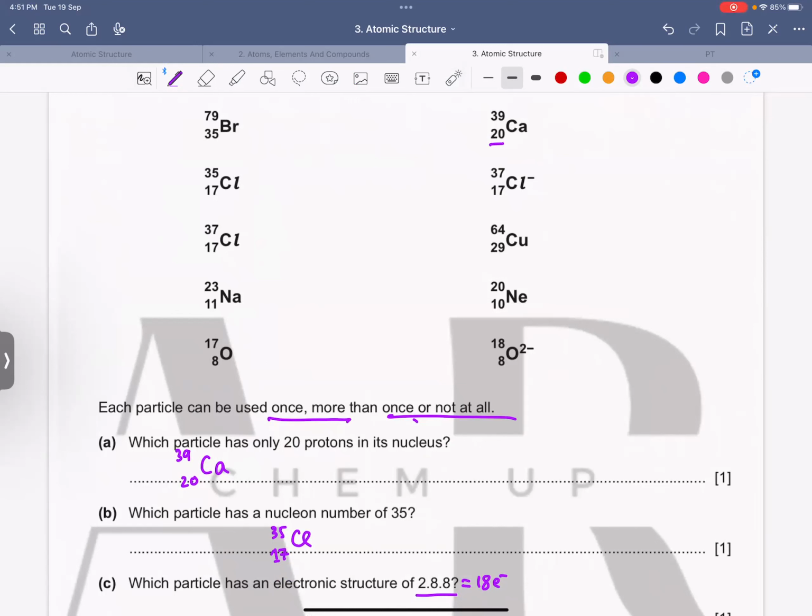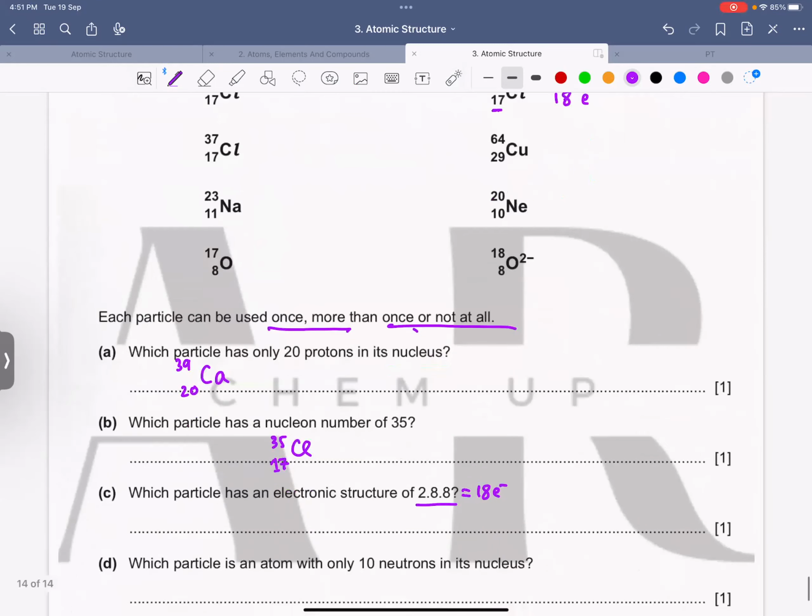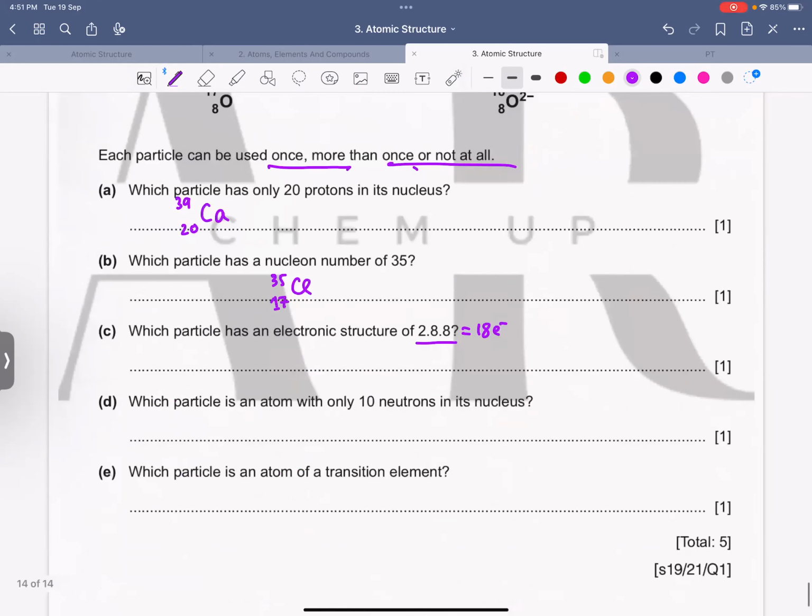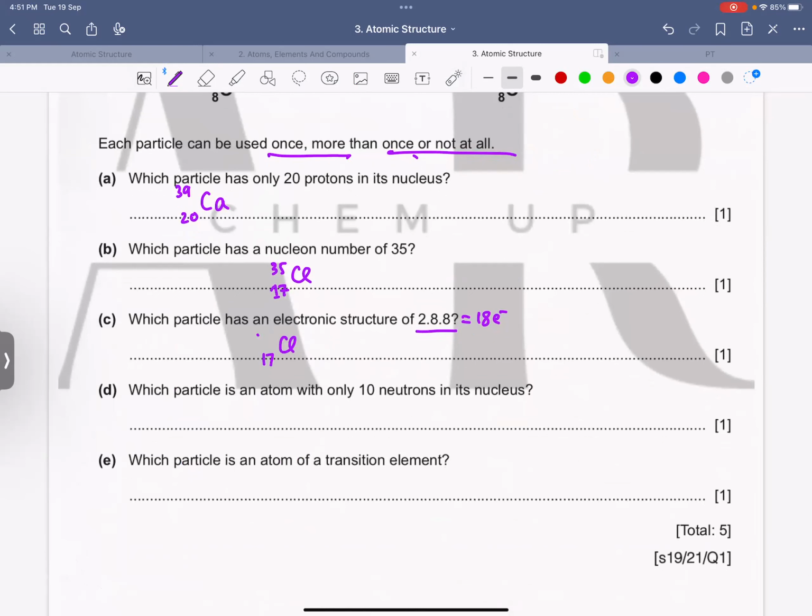Yeah, but it has a negative charge. It means there are 17 protons and a minus 1 charge, indicating one more electron than the protons. So this one is going to have 18 electrons. Is this clear? Yes, Khatija? Yes, clear. Okay. So chlorine 17, 37 and minus 1.